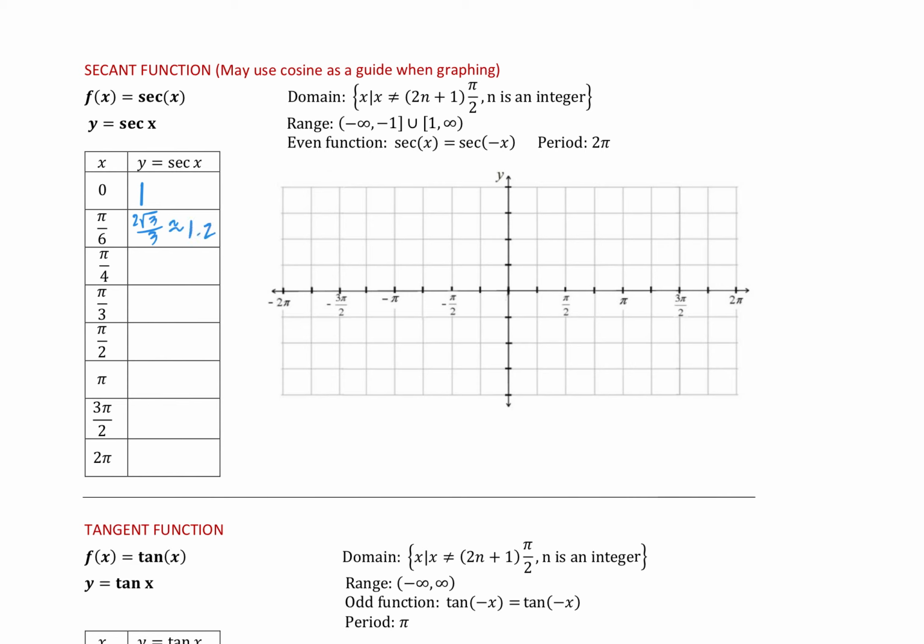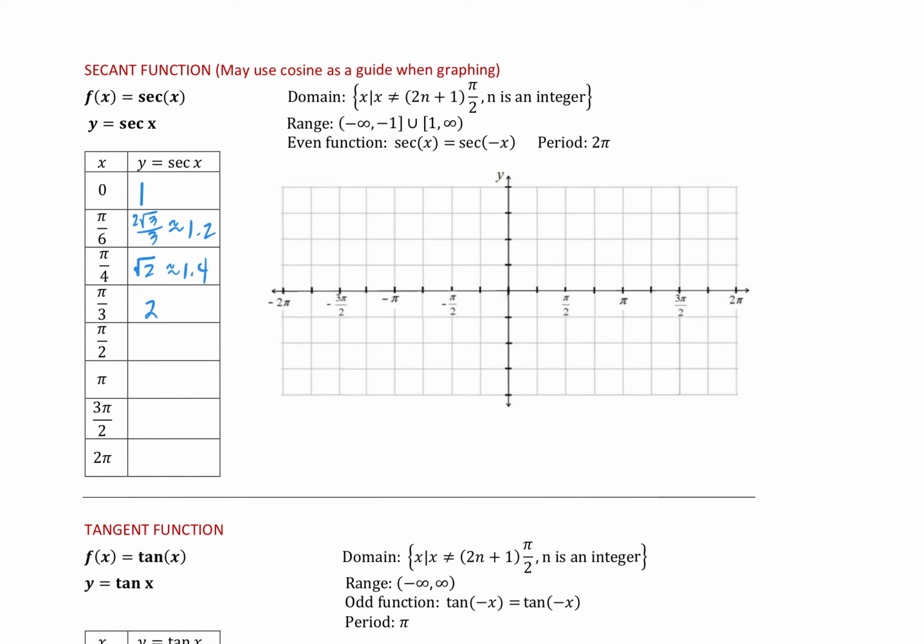Basically, the cosecant and the secant are just shifts of each other because sine and cosine are shifts of each other. So they're going to have all the same values, just at different points. So at pi over 4, square root 2 over 2, flip it, rationalize, we get square root of 2, which is about 1.4. At pi over 3, cosine is half, flip it, we get 2.